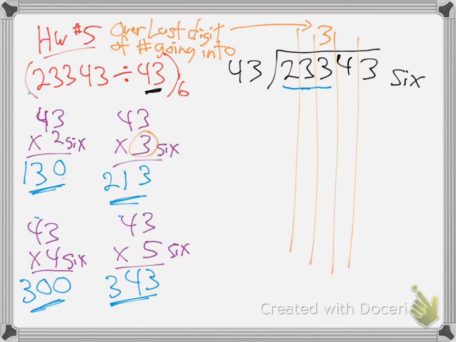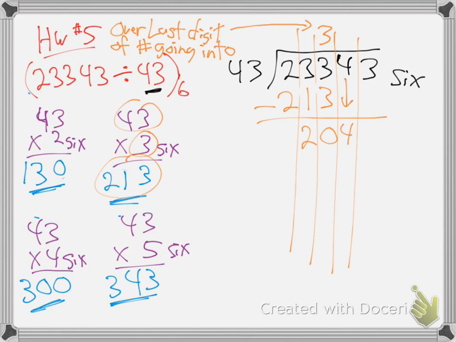So we're going into 233. So I go over the last digit, the 3. Okay. So now, we know that 3 times 43 is 213. So I just write down 213, and I subtract. That leaves 0 and 2. That was good. What do I do next?